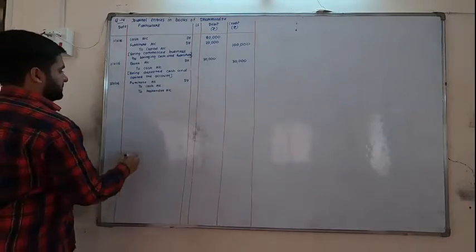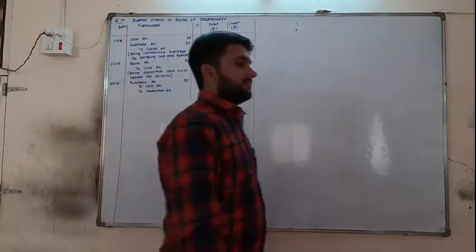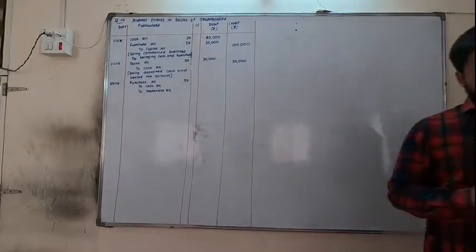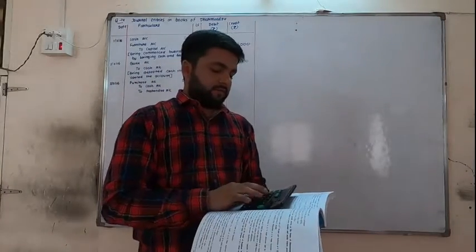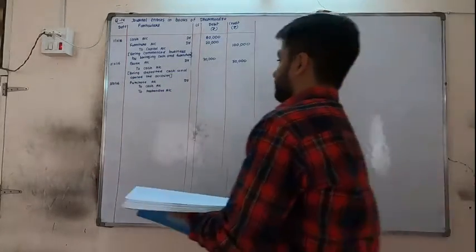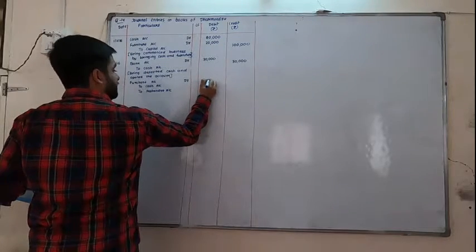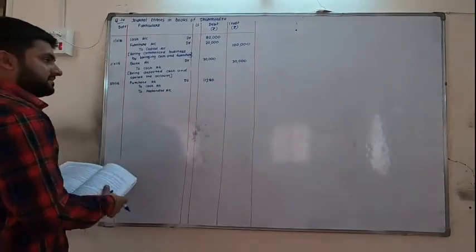Now purchase would be 12,000 minus 6%, so 12,000 minus 6 percent, so 11,280. Purchase would be 11,280. If you want, you can do directly, or you can write 12,000 minus 6%.